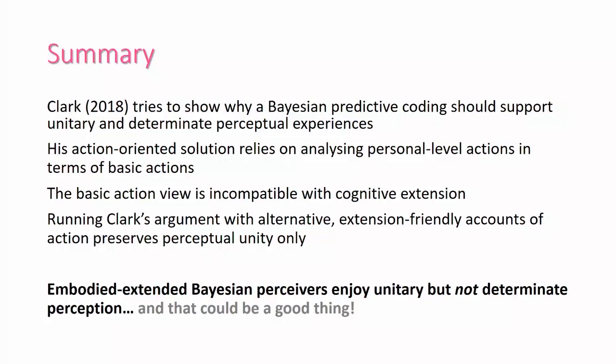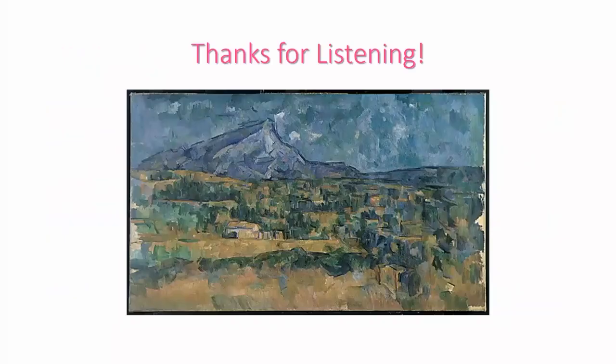His action-oriented strategy, I think, tacitly relies, to be fully successful, on the notion of a basic action. But basic actions are incompatible with the extended view, whereas views of personal level events that are more compatible with the extended view are only sufficient to grant us perceptual unity, not fully determinate perception. But I don't think that's such a terrible thing. Thanks.